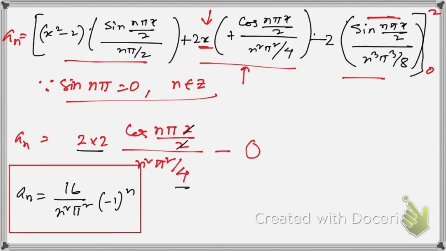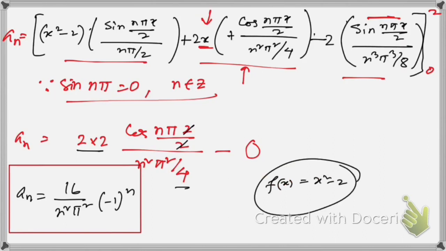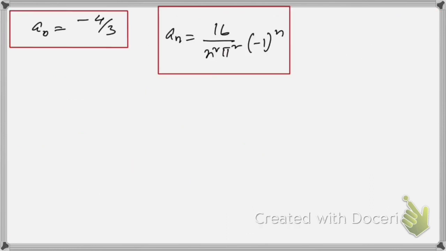And since the function f(x) that we had here, x² minus 2, is even, bn will be 0. So that's why a naught and an, these two values are enough. So let us use these values of a naught and an in equation number 1. These are the values of an and a naught.